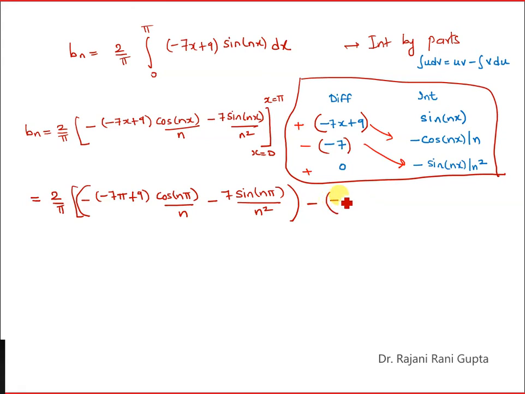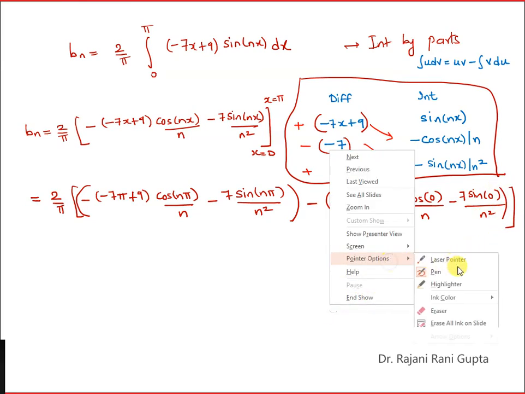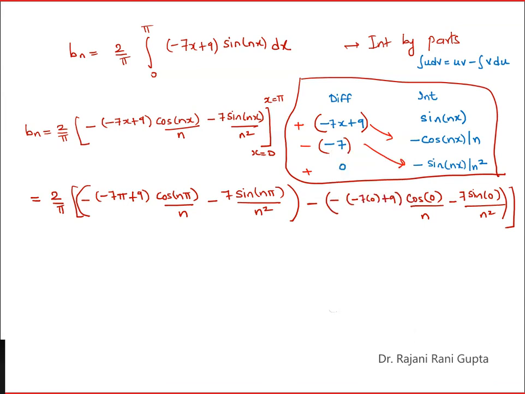Minus, replace x by 0: minus (7 times 0 plus 9) cos(n times 0) over n, minus 7 sine(0) over n square. Here cosine of 0 is 1, and sine of 0 is 0. This cancels this entire term.